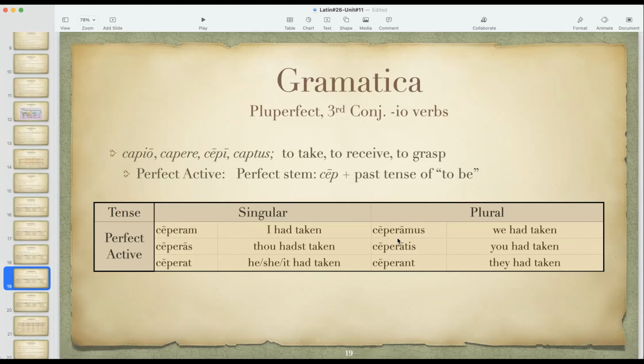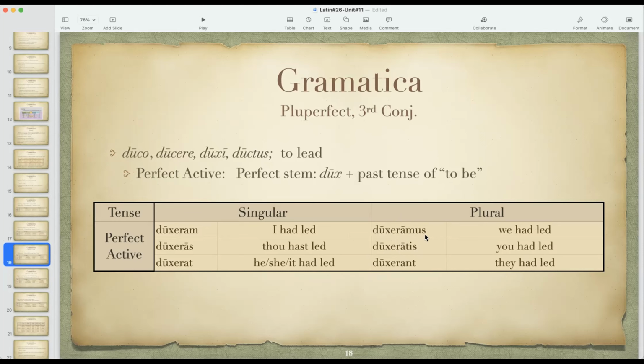That is the second to the end, and the accent shifts to ceperamus, ceperatus versus ceperant. Okay, so it's a little tricky there to get the pronunciation. And this is true, by the way, of all of them. Duxeramus, there's the accent, versus duxerant.